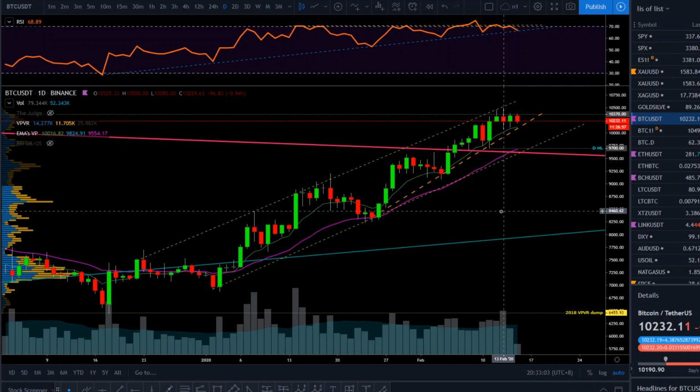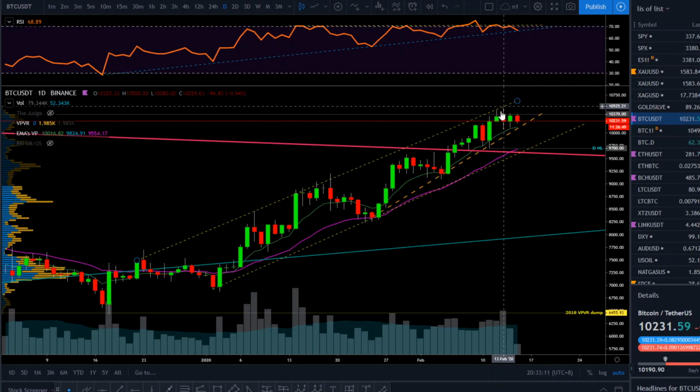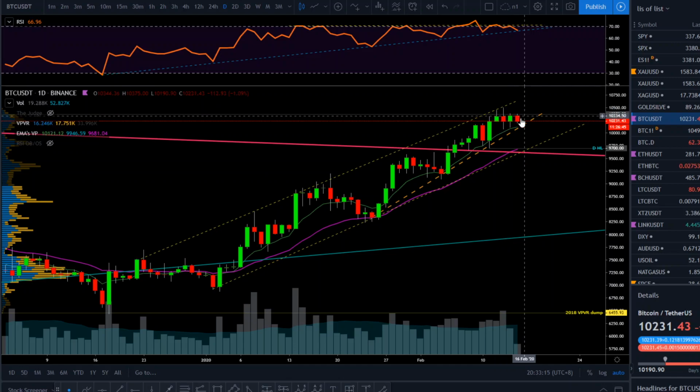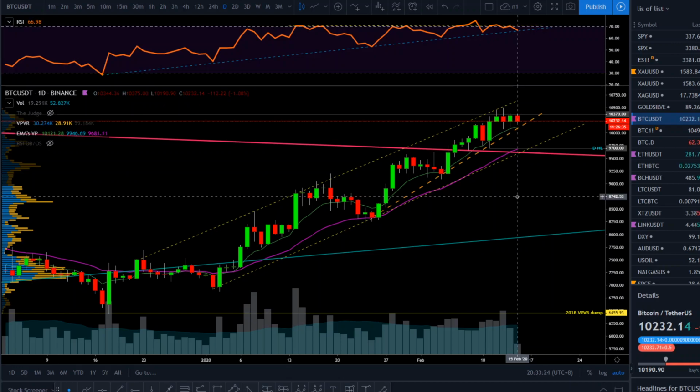And you can see here we had a volume injection here on the spinning candle, so there's an indecision here, bulls and bears are fighting, and now we've got decreased volume once again to consolidate and figure out what is going to happen.